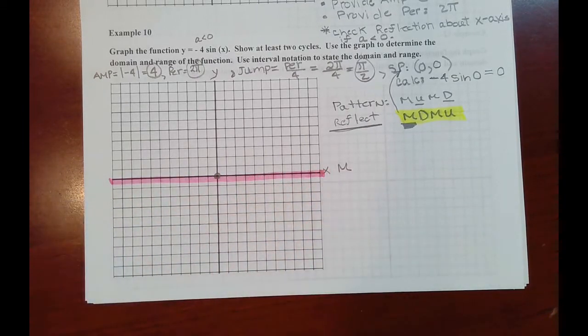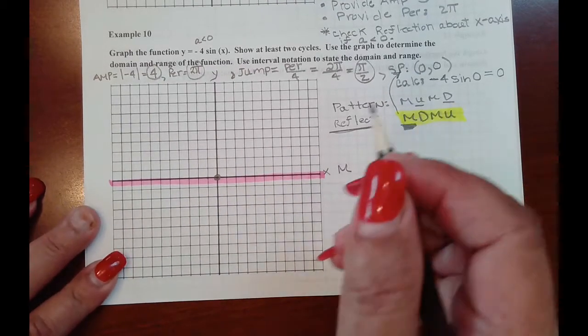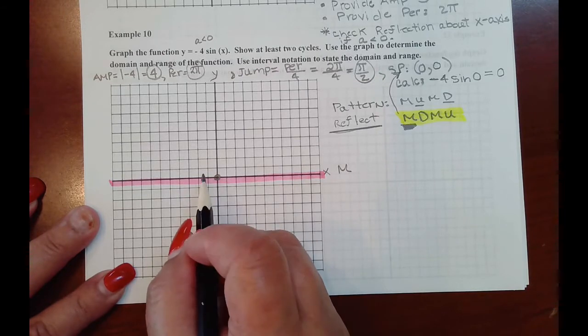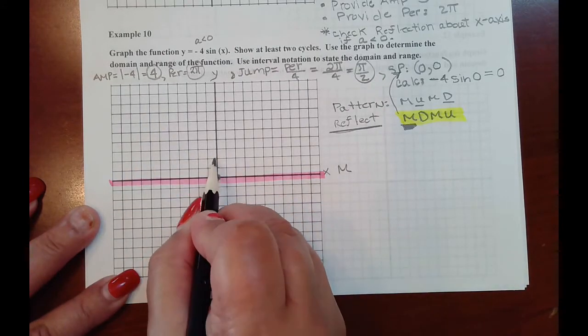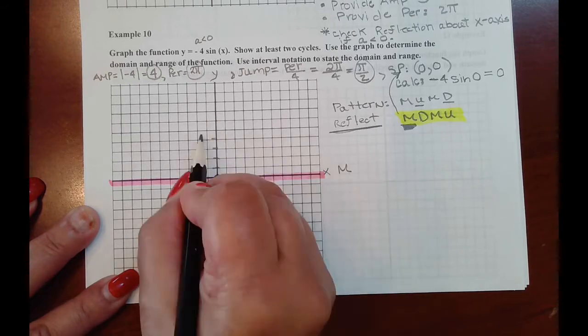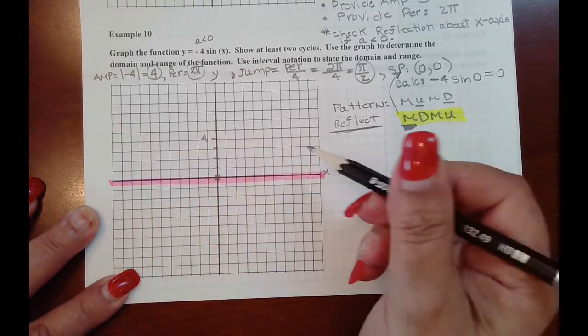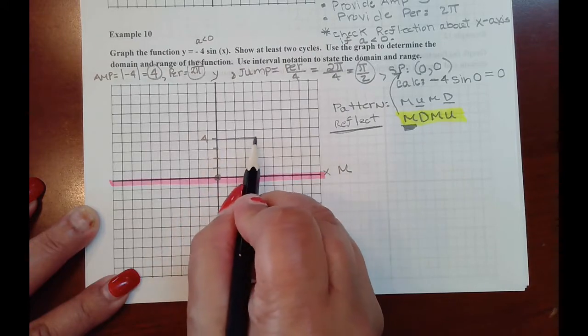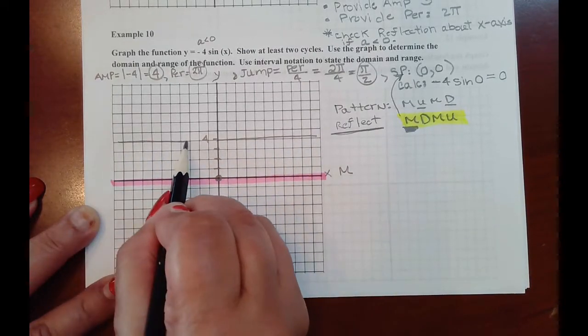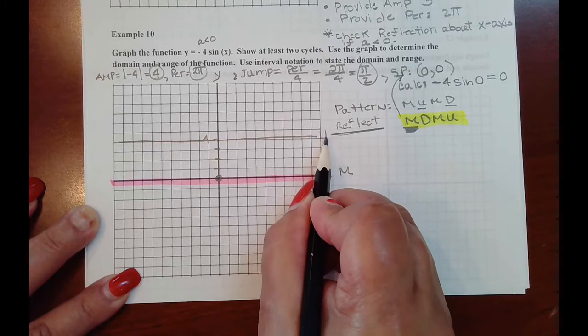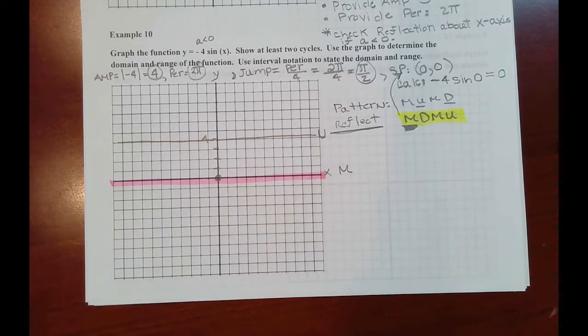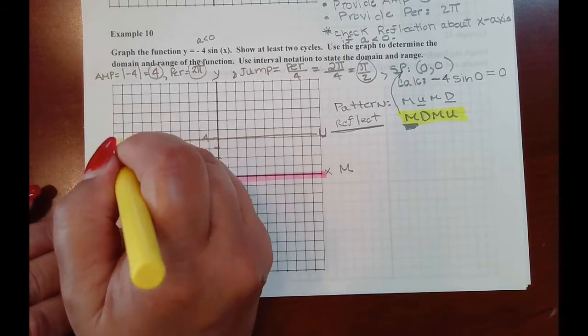By knowing just where one of the levels is, it doesn't matter which one, as soon as you know where one of them is, you can put the other ones in place by way of the amp. So the amp here is 4. So we're going to just go up, 2, 3, 4, and we're going to put in the uppermost level. We'll put our uppermost level right in there. We can label it.